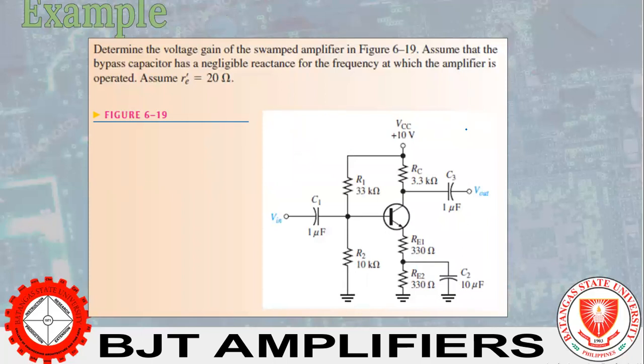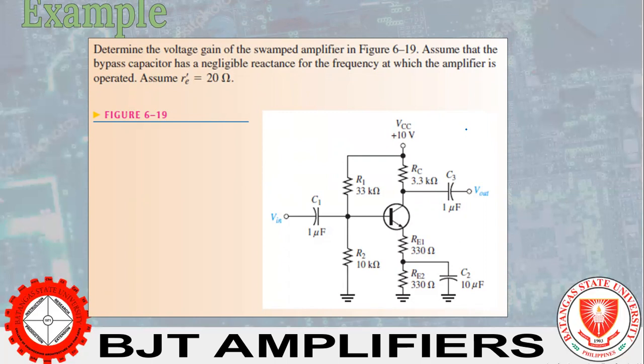Example tayo. So, determine the voltage gain of the swamp amplifier. Assume that the bypass capacitor is negligible, so negligible reactance for the frequency at which the amplifier is operated. So, assume na ang RE prime natin is 20 ohms.